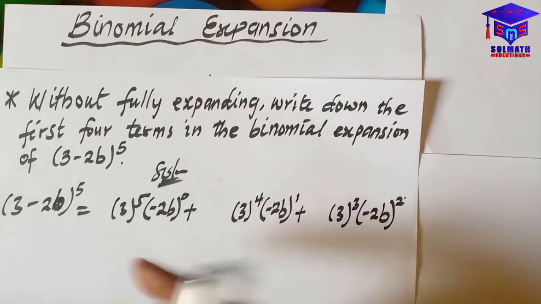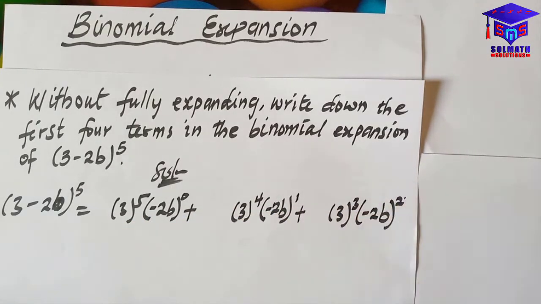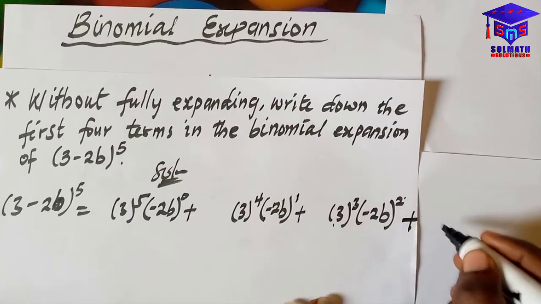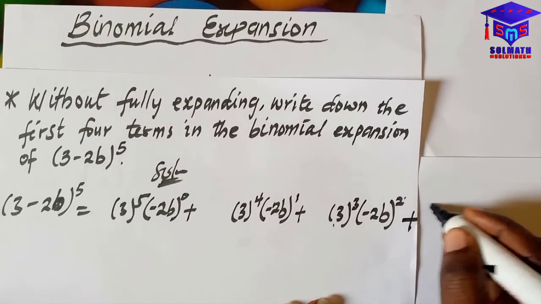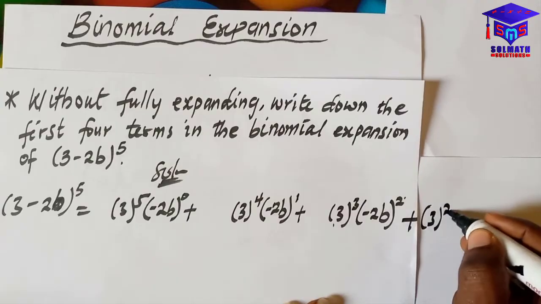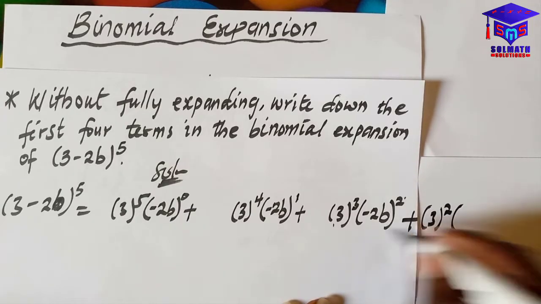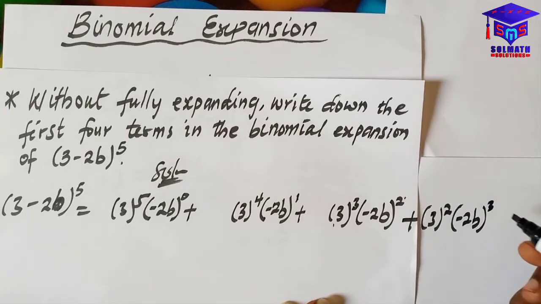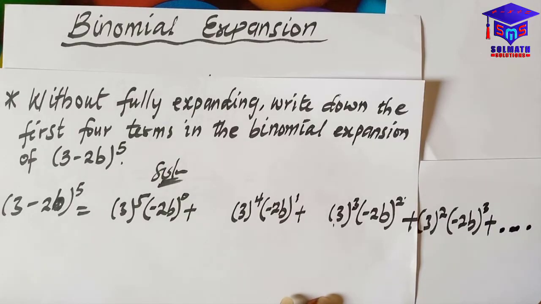And they said the first 4 terms, so first term, second term, third term, then you're left with the 4th term. So plus, now the power of the first term decreases, so we have 3 to the power 2, and then negative 2b to the power 3. And then we have the first 4 terms, plus the other terms, we don't need them. Okay, so we put 3 dots to show that it continues.